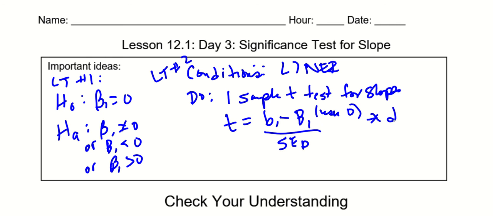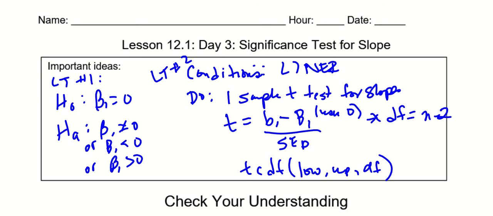Remember that you've got to always give your degrees of freedom, which are n minus 2. And the other thing is just to think about using a TCDF with your lower t, your upper t, and your degrees of freedom. Okay, that's it for us. And you should be able to finish this sheet on your own.